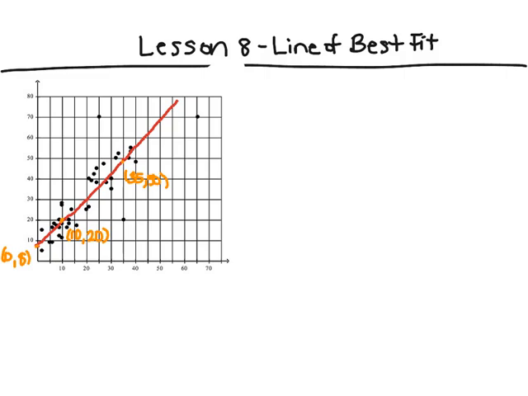To make an equation for this line, we'd do y equals mx plus b. So first we have to find our m. To find our m, we take y2 minus y1 over x2 minus x1.